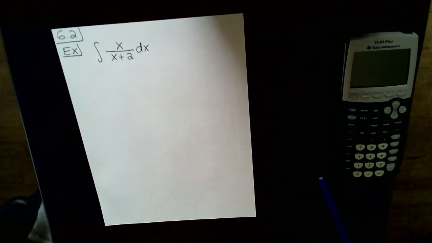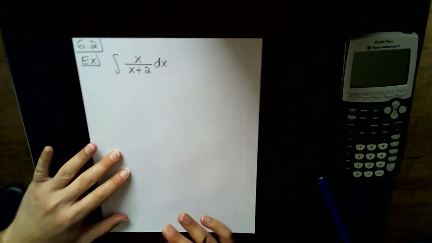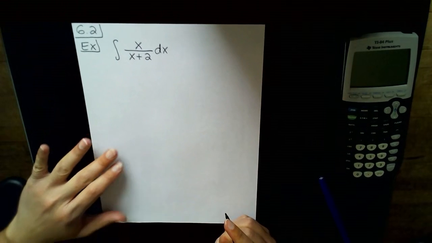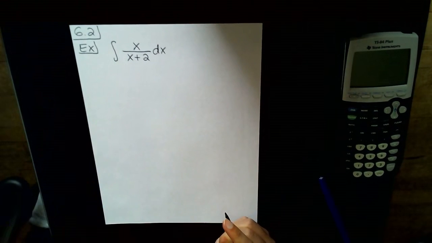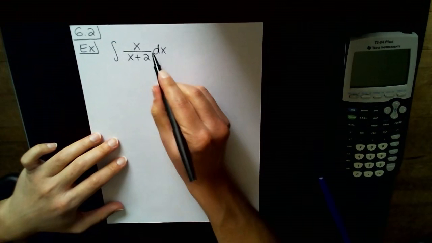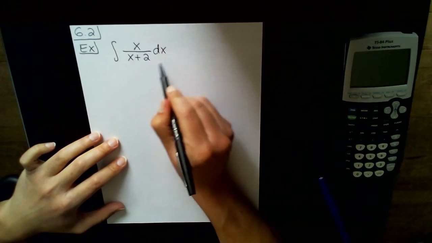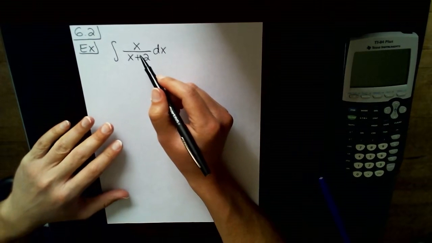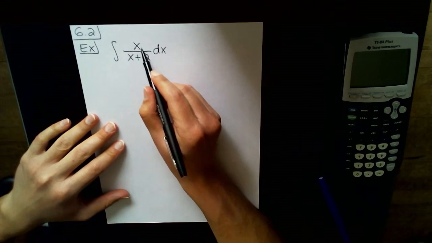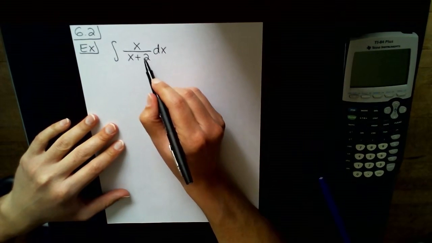All right, so with that, we have one last case that I want to go through for u substitution in section 6.2. So in this case, again, we look at the problem for the most complicated function. Again, we have a fraction.